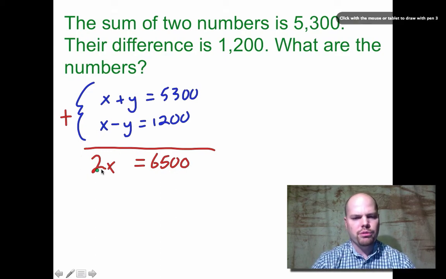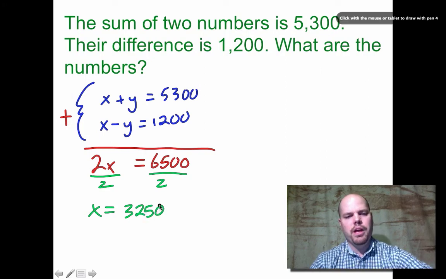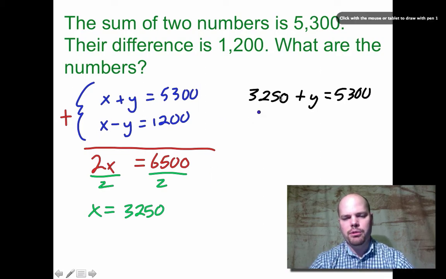Now we just solve 2x equals 6,500 like we normally would. We take half of both sides, or divide by 2, so we get x equals 3,250. Once we know x, we can find y in either equation. I'll probably use the top one, it might be easier. So 3,250 plus y is equal to 5,300, and then we solve that like we normally would.